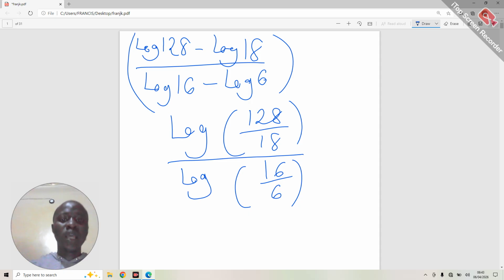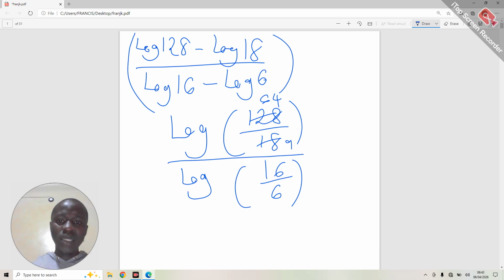If you look at 128 and 18 in the numerator, you realize 2 can go into those numbers. So 2 goes into 128 64 times, and into 18 9 times. There is no other number that can go into 64 and 9, so we leave it at that point.